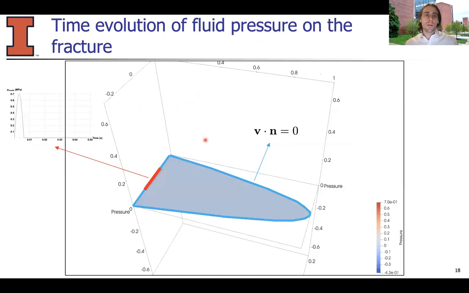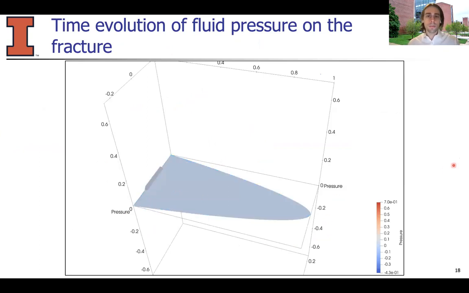This is a video of the time evolution of fluid pressure on the fracture. The boundary conditions are in blue, 0 normal velocity, and in red, a pressure pulse that is going to be applied in a short amount of time and then will propagate through the domain. I'll play the video now.